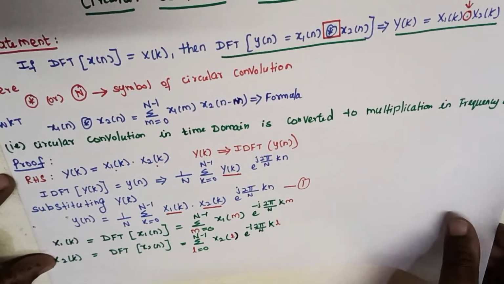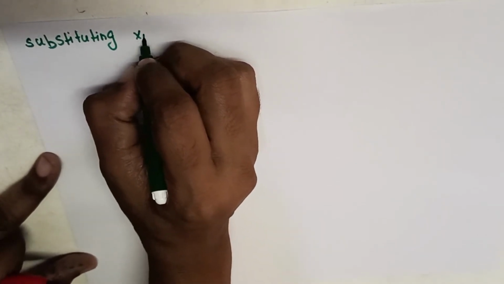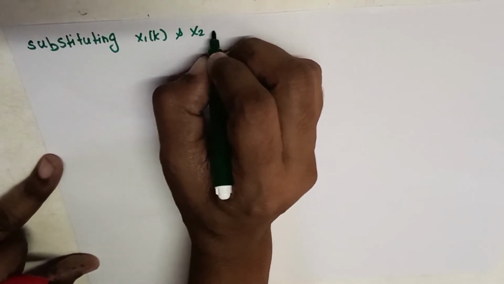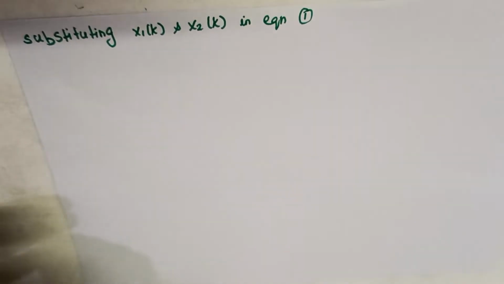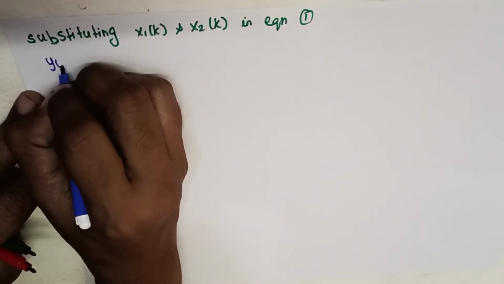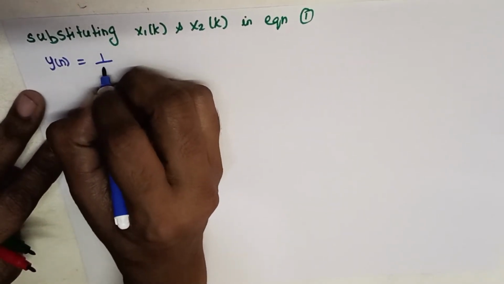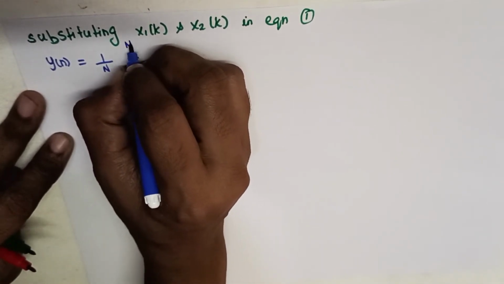So, substituting x1 of k and x2 of k in equation 1, we will get y of n is equal to 1 by n summation k is equal to 0 to n minus 1.